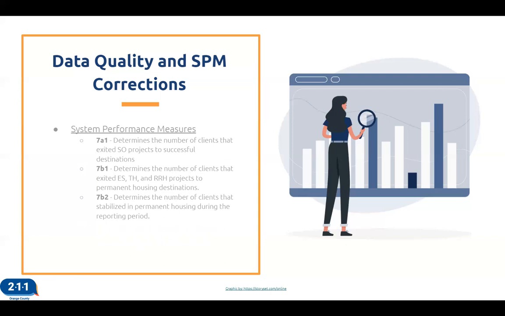And last but not least, we have B2. This will determine the number of clients that stabilized in permanent housing during the reporting period. And this also includes clients that exited to permanent housing destinations and clients active in the project with a housing move-in date.